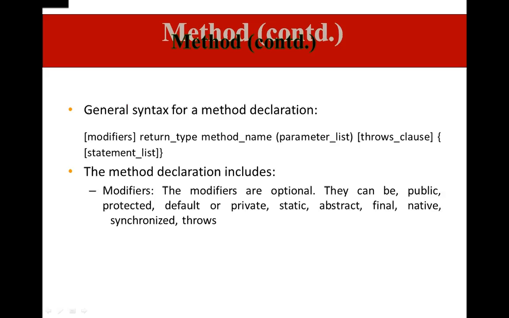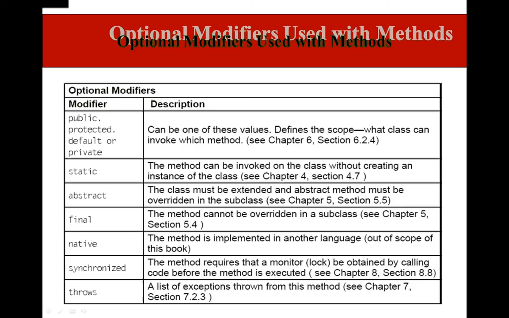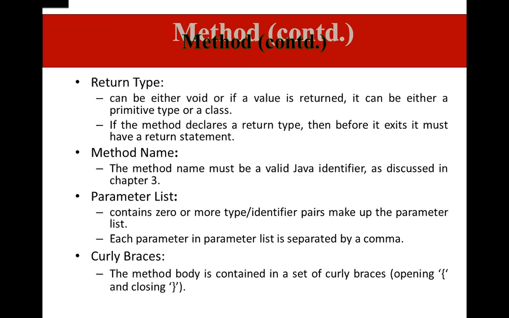And for the method name, the usual practice is that it should follow the lower camel case standard. The name of the method could be any Java identifier. Coming to the list of arguments, it could be zero or any number of arguments that you can pass in a method.